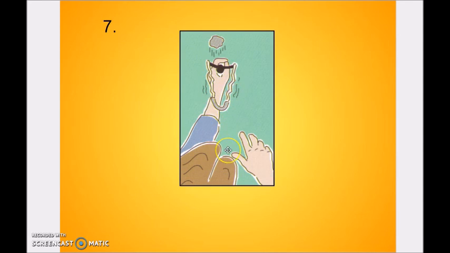Okay, it has been released, so it is flying forward. What kind of energy does this rock have when it is flying forward? It's moving. So is the elastic part of the slingshot. Okay, so it is not being pulled back. It's not being held back. It has already been released and it's flying forward. What kind of energy is that?